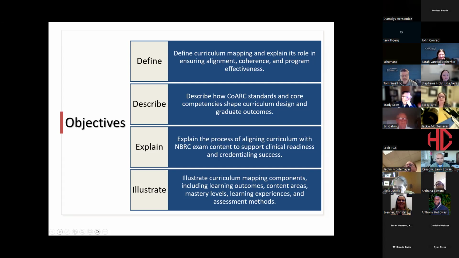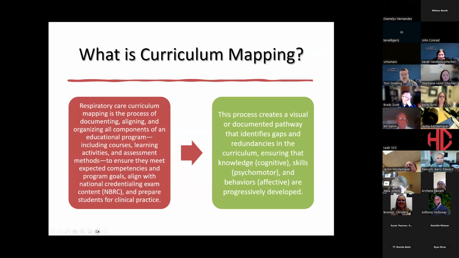Next slide. So what is curriculum mapping? Well, curriculum mapping connects all parts of your program. It aligns all your courses, the learning activities, and the assessments with the expected competencies. The focus here is on the expected competencies. It identifies gaps.